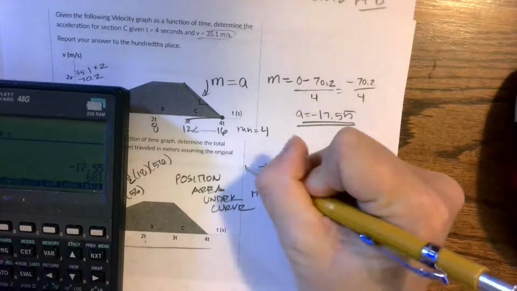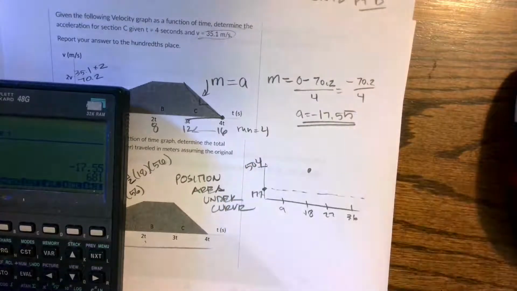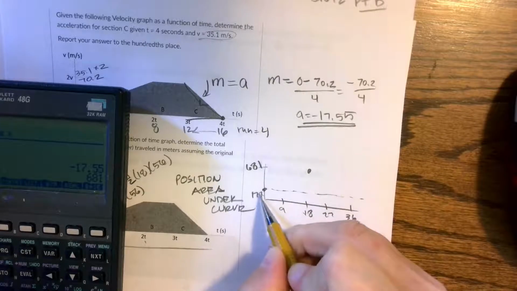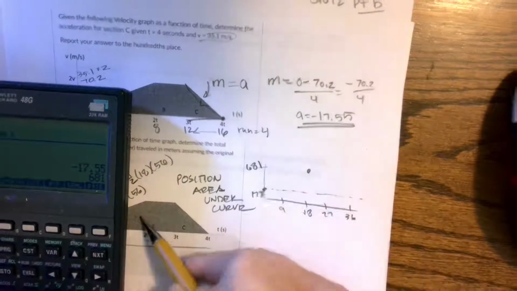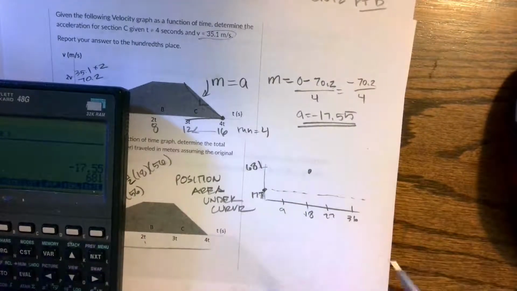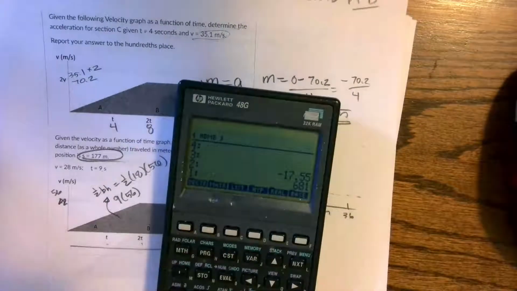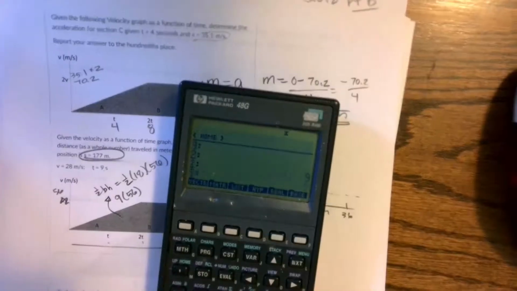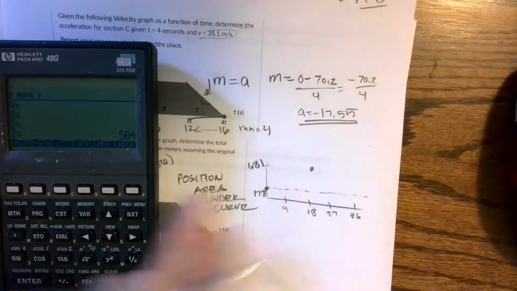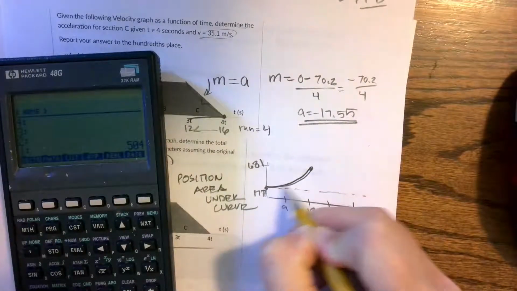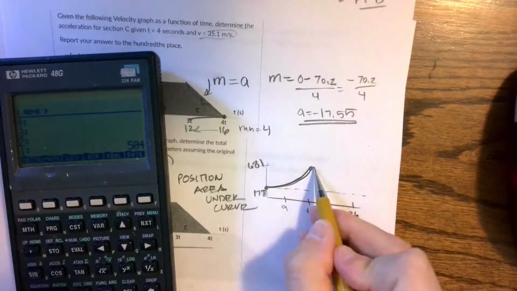So I'm now at 504. Sorry, I'm at 681. Because I'm going from 177, I'm adding to it the area under the curve of 504. So 177 plus 504, and if I wanted to graph it, it's going to look like this. Okay, now I'm at 681.